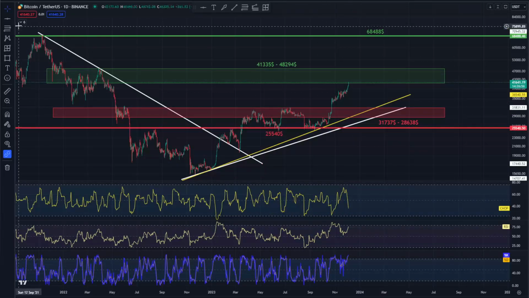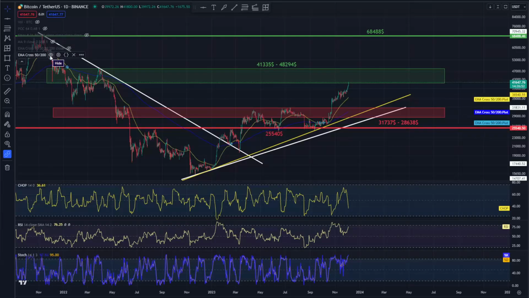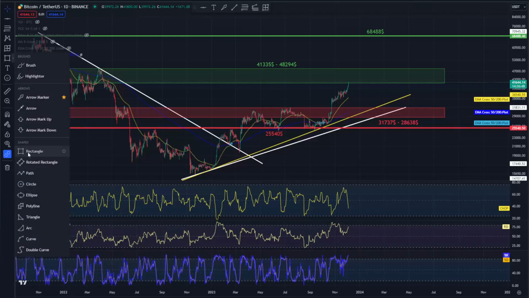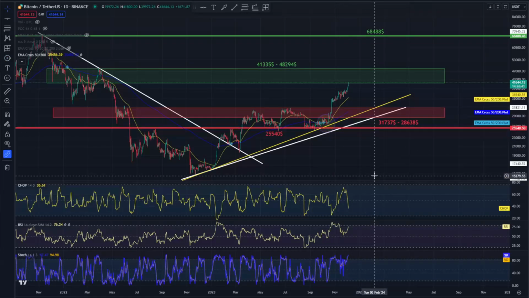Let us also remember about the EMA Cross 50 and 200 indicator, which, when turned on, allows us to check the position of maintaining a strong upward trend. It is worth observing this indicator, because in a situation where we start a correction, it can help us determine where such a correction will end.